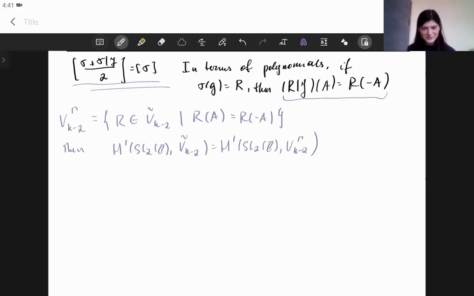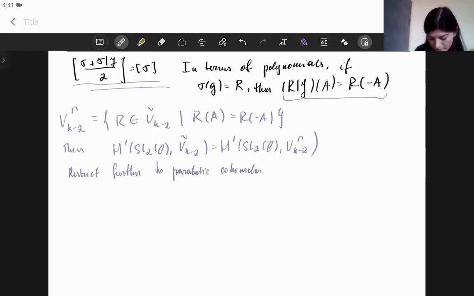Okay, one last restriction, I promise. I will want to restrict further to parabolic homology. And parabolic homology really looks at what happens at the cusps, okay?